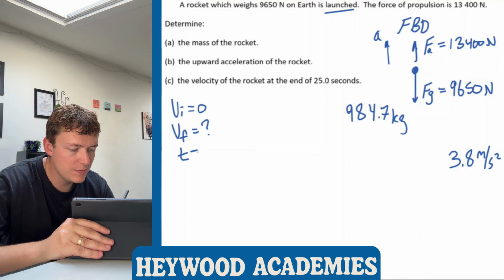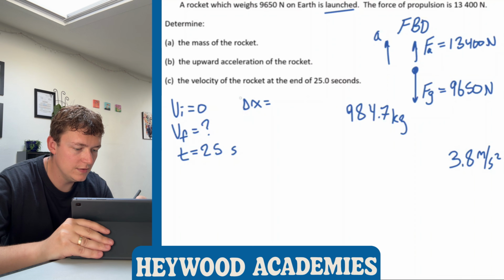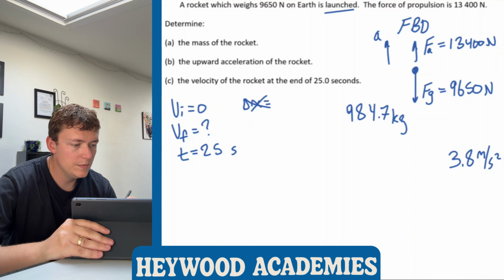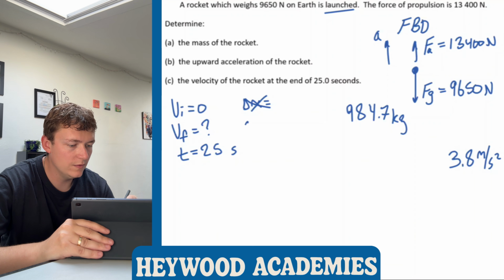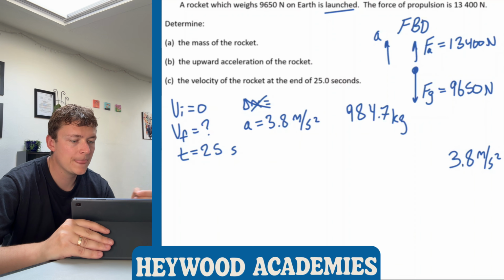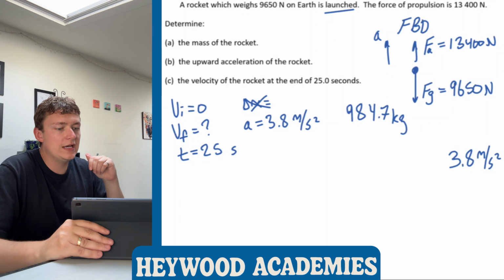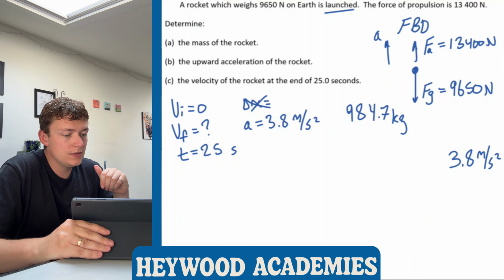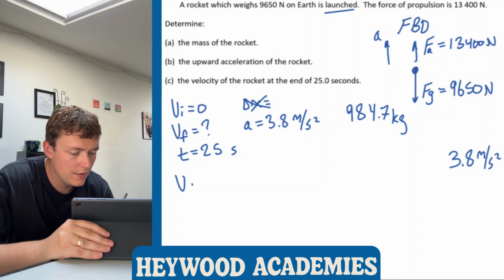We know the time is 25 seconds. Displacement is unknown and not wanting to be known. And we know the acceleration was the number that we solved for in the last part, 3.8 meters per second squared. So we can go back to our kinematics equations. We want final velocity without displacement, so it's going to be this one right here.